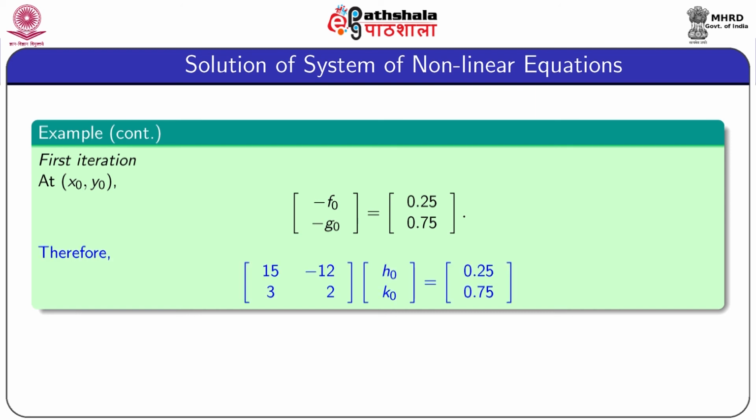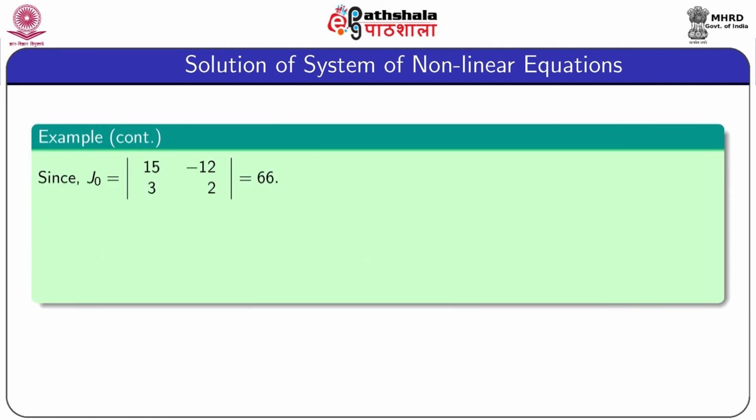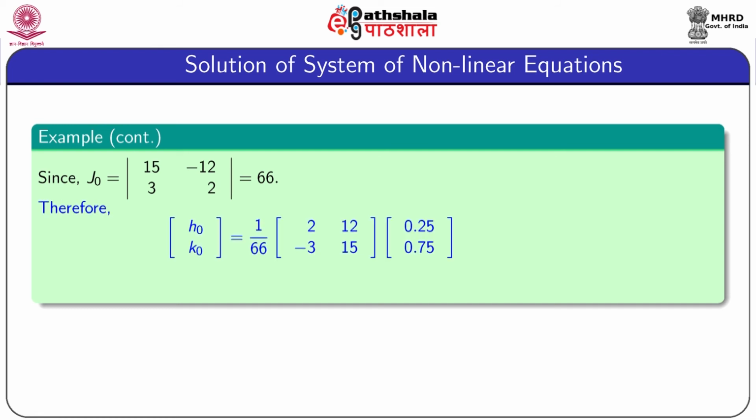Therefore, the system of equations is given by the 2 by 2 coefficient matrix, whose first row is 15, −12, second row is 3, 2, and the unknown column matrix is h0, k0, and the right hand vector is −0.25 and 0.75. Since J0 = 66, the determinant of the coefficient matrix, by the matrix inverse method we can obtain the values of h0 and k0.